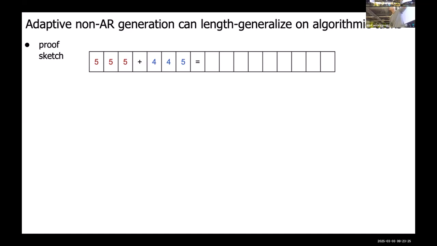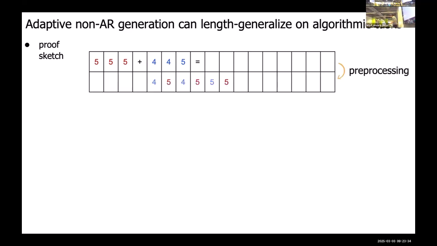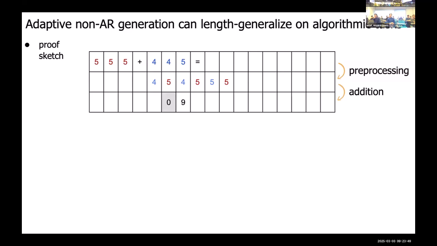And because there's no input given here, I'm going to put some random question mark or an empty token over here. So the first iteration does this. You have to make sure that everything I'm doing is causal and not crazy. So this is a causal operation. This is just pre-processing. What I'm doing is just moving things in a particular order. So first, there's nothing crazy. But then the next one is addition.